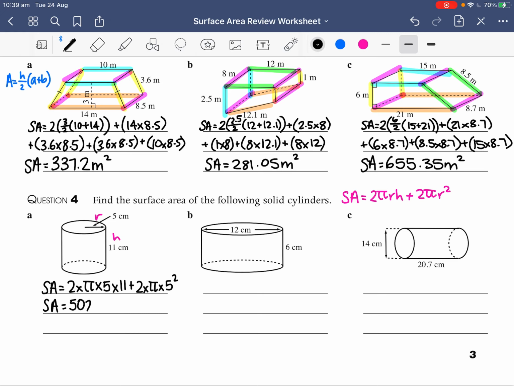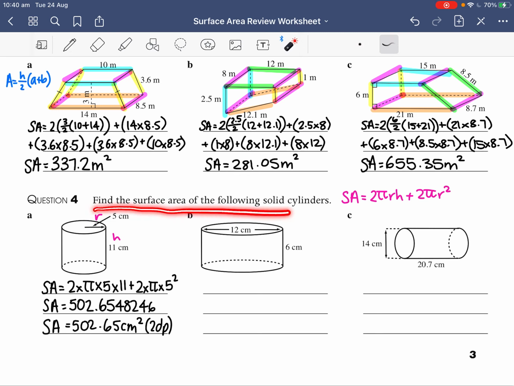We get 502.6548246. So our surface area equals 502.65 centimeters squared, and that's to 2 decimal places. The question does not specify to how many decimal places, so you can choose or you can round it to the nearest whole number as well.